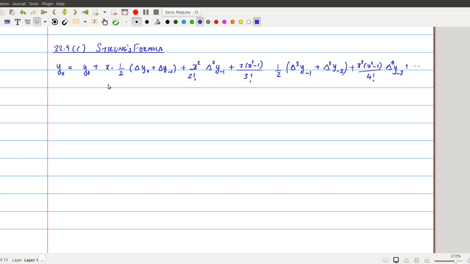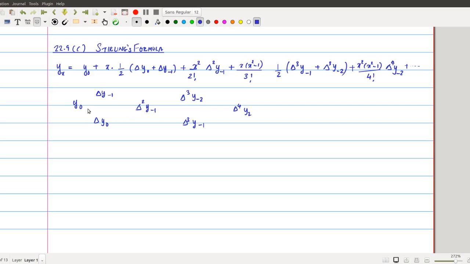To remember this formula, here we have y naught, here we have delta y minus 1, here we have delta y naught, and on the center line we have delta square y minus 1, and here we can see delta cube y minus 2. Here we have delta cube y minus 1, and here we have delta raised to 4 y minus 2.